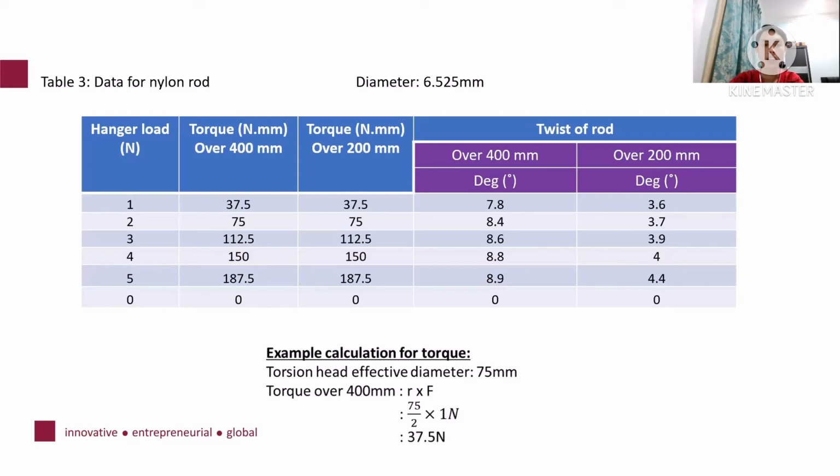From that, we can calculate the value of torque, which is the same as previous, T equals R times F, where R is equal to 75 over 2, and F equals 1 for hanger load 1 Newton at 400 millimeter. We got the value for torque at 400 millimeter at 1 Newton as 75.5 Newton. We use this formula to calculate all the torque for 2, 3, 4, and 5 Newton.